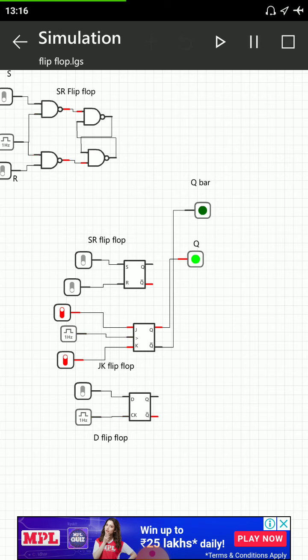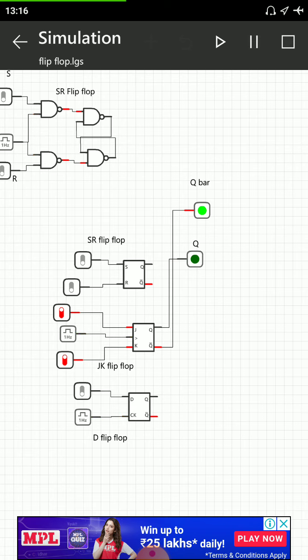For the other, Q goes high. One time Q will be high, for the next clock Q bar will be high. So this is just like a toggle for every clock signal. Hence the truth table for your JK flip-flop is verified. So now we will stop the simulation and make the necessary connections for your SR flip-flop.